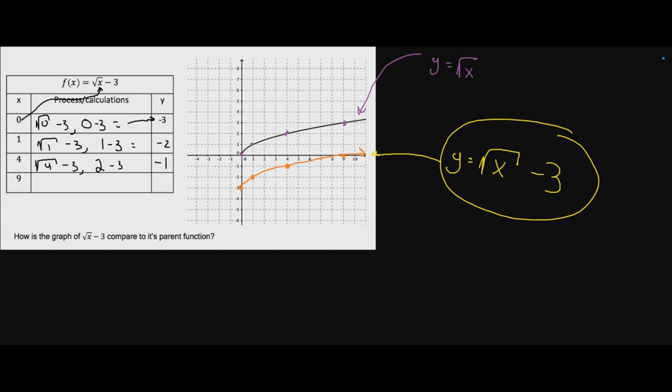When x is 0, my y value is negative 3. When x is 1, my y value is negative 2. And when x is 4, my y value is negative 1.